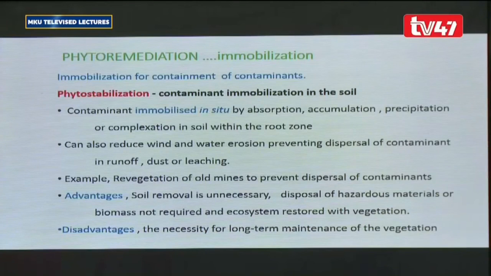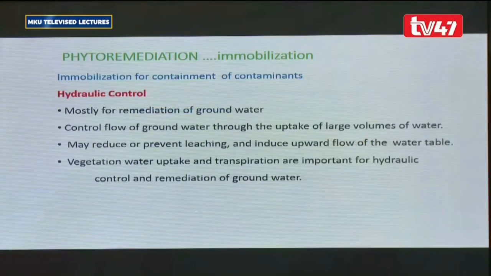An example is when we finish up with mines, we normally plant vegetation around the mine area so that the contaminants cannot move. There are various advantages and disadvantages to this process, as you have seen.